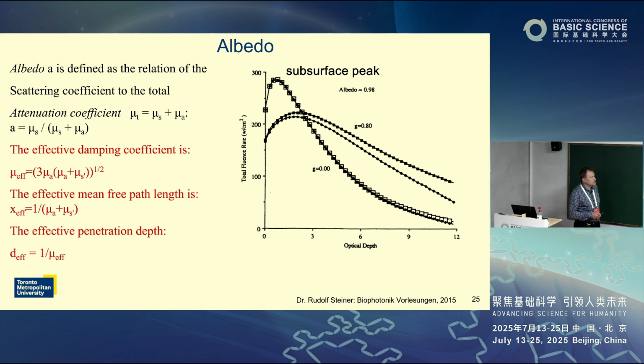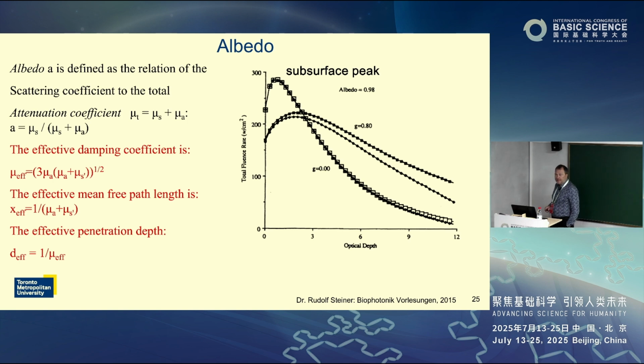And this process, when we have multiple scattering and optical trapping effect, is described by the so-called effective damping coefficient, which is mu effective, and this is the formula for that. And we also characterize the value called the effective mean free path length, which is 1 over mu a, but instead of mu s, which we were discussing before, it operates with mu s prime.